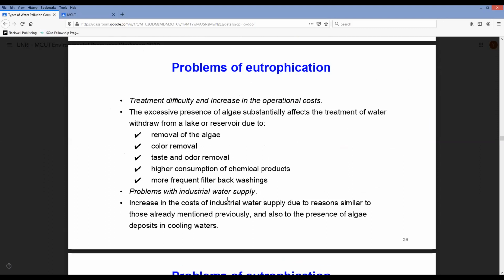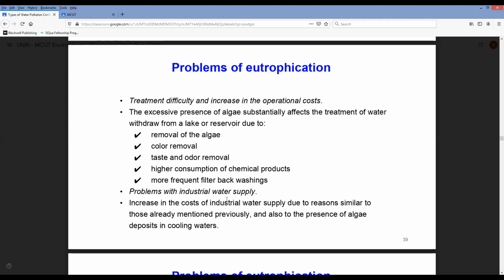Okay, and then the next one is the effect: the presence of the algae substantially affects the treatment of the water withdrawn from a lake or reservoir, due to the removal of the algae, or also the color removal, or the taste or odor removal. Also, it has a high consumption of chemical products, and also more frequent filter backwash.